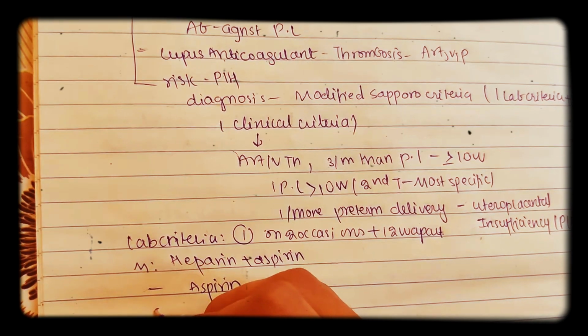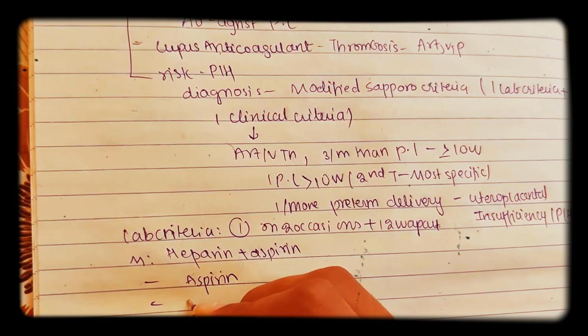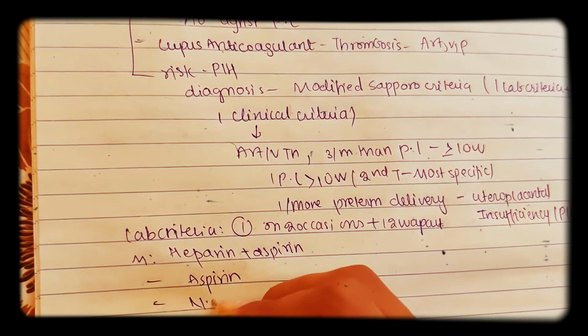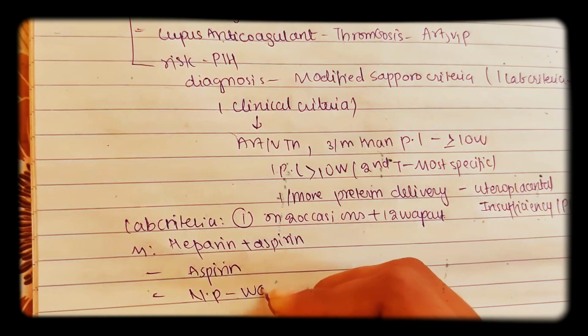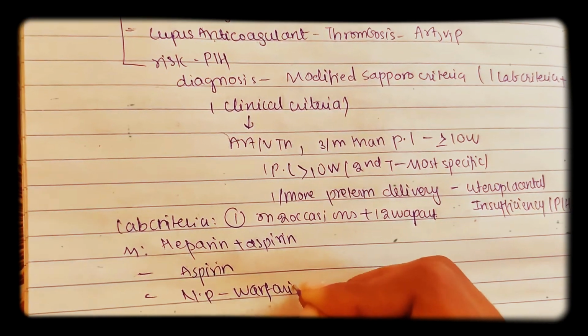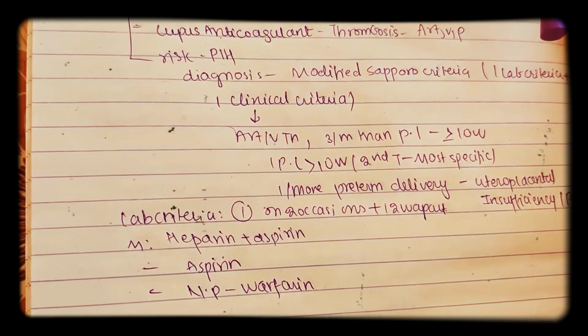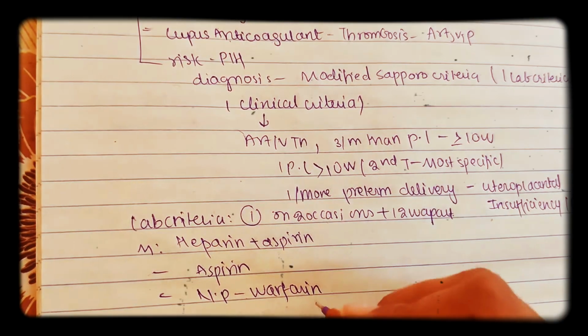Now coming to Apla in a non-pregnant female. In a non-pregnant female you'll give just warfarin. In a pregnant female we should not give warfarin because it will cross the placenta and lead to warfarin embryopathy.